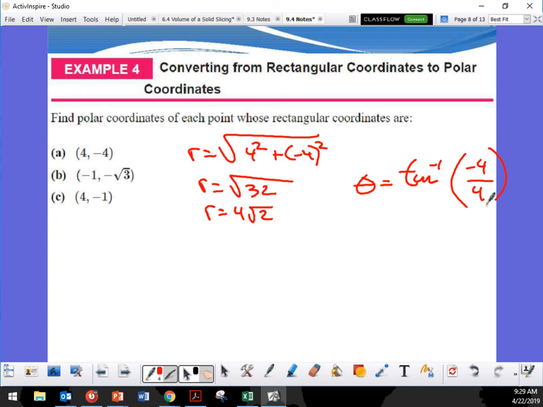Quadrant 4. Yeah. It's quadrant 4, and it is negative pi over 4. Negative pi over 4, or what else could I call it? 7 pi over 4? Yeah, 7 pi over 4. So either way, I'll actually get both of them being the same thing. So negative pi over 4 or 7 pi over 4.